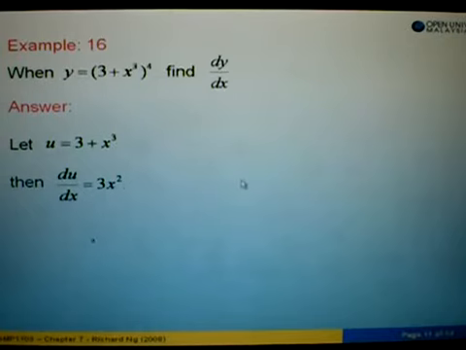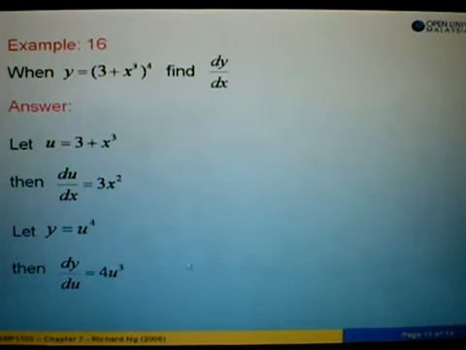Okay. Next step, since we have already said u replaces 3 plus x to the power 3, which is here, then we can say y is equal to u to the power 4, like in this case. Then from here, dy over du is equal to 4. Take out the 4 here, and then u, the power, we change to 3 because we have to minus 1 from the power.